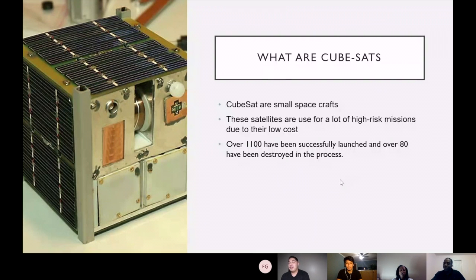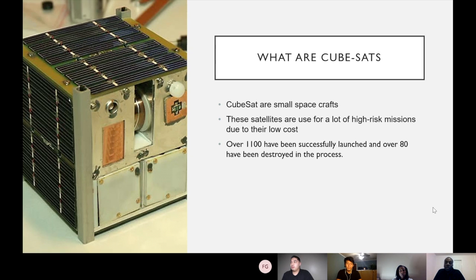Essentially, these CubeSats are very small spacecraft. Because they're so small, they're able to be used for a variety of purposes, including some very high-risk missions, since their low cost accounts for the potential of us losing the specific satellite.